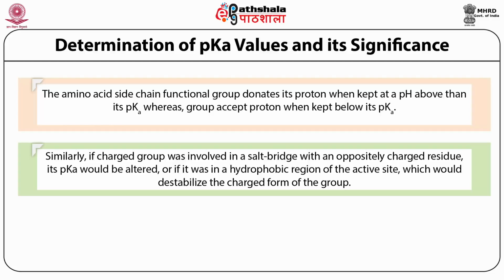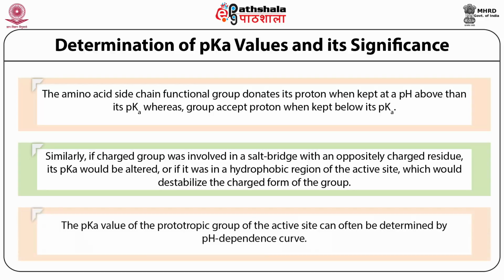Similarly, if a charged group is involved in salt bridge formation with oppositely charged residues, its pK would be altered. Or if it is present in a hydrophobic region of the active site, which will destabilize the charged form of the group.